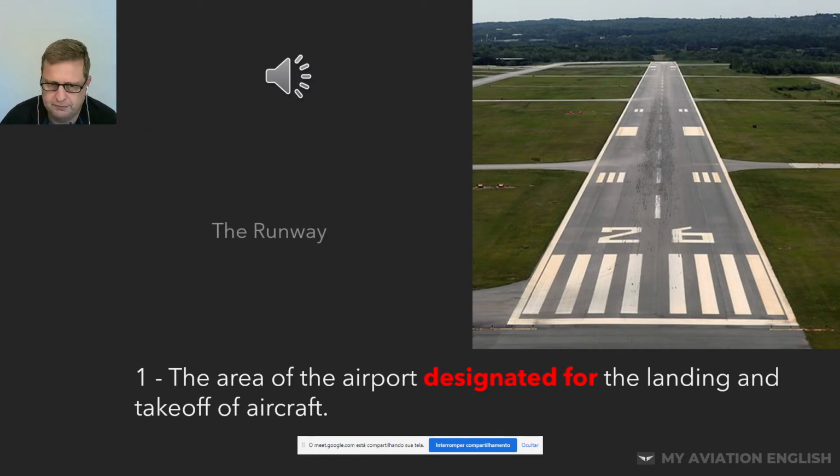First of all, the runway, which is the area of the airport designated for the landing and takeoff of aircraft. Por favor, repete aí. Designated. Designated. Okay, now it's good.